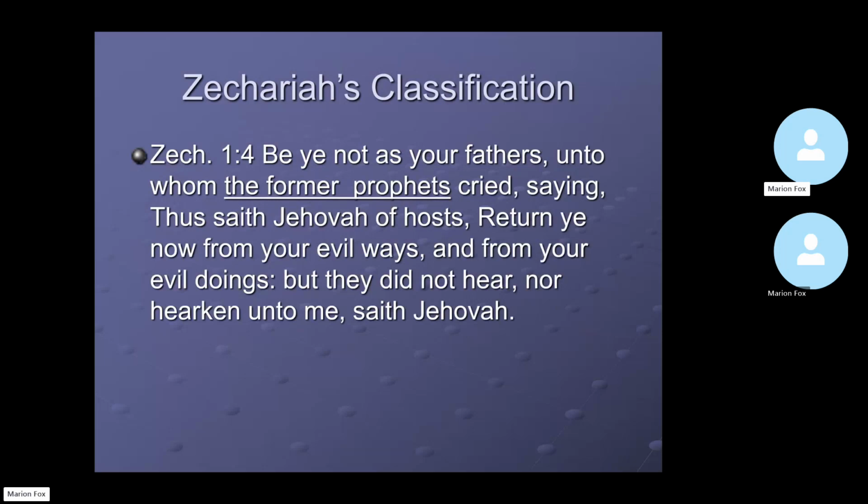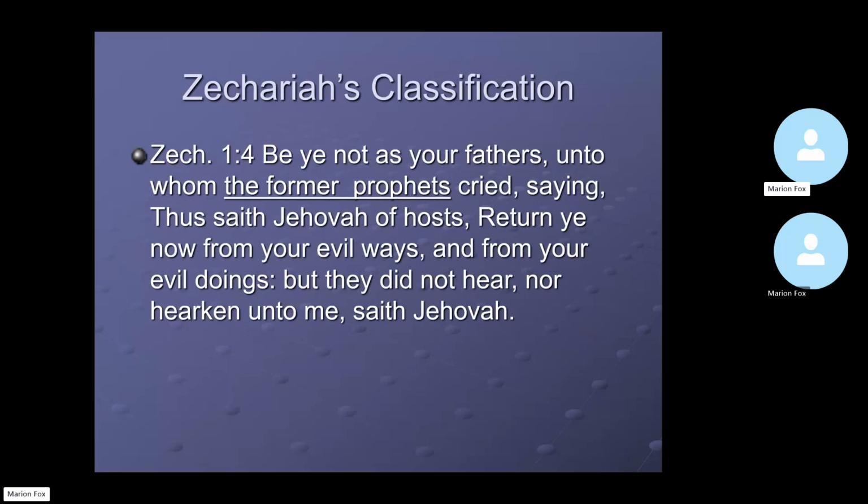Zechariah 1:4 says, "Be ye not as your fathers, unto whom the former prophets cried, saying, 'Thus saith Jehovah of hosts, return ye now from your evil ways and from your evil doings.' But they did not hear nor hearken unto me, saith Jehovah."